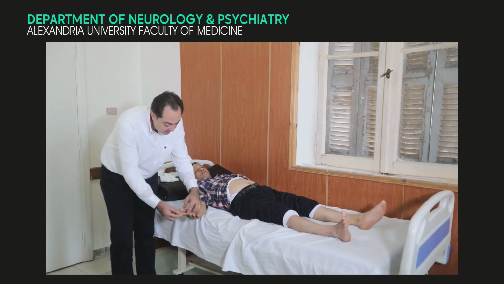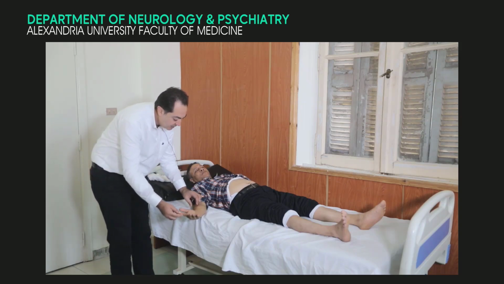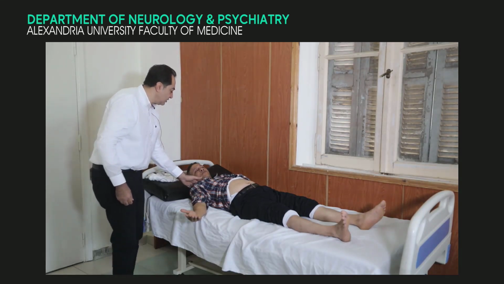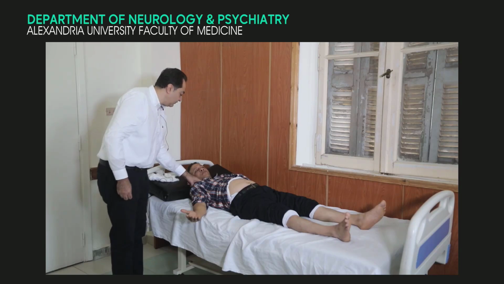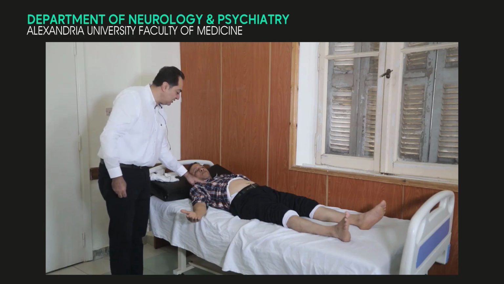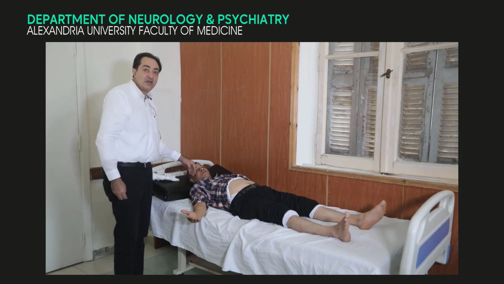C6 is the thumb and the index finger and a part of the forearm. C5 is on the lateral part of the arm. C4 is here. So dorsal 4 on the nipple line, dorsal 3, dorsal 2 is here. Then C4 is above, C3, C2, and then the trigeminal nerve.